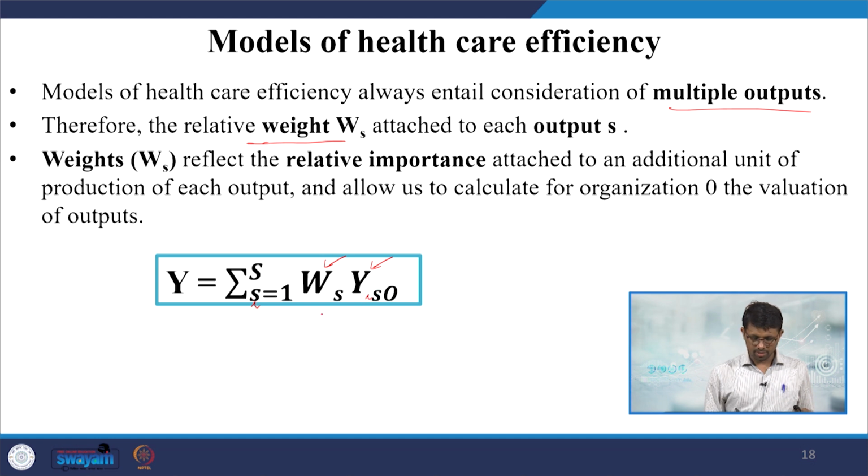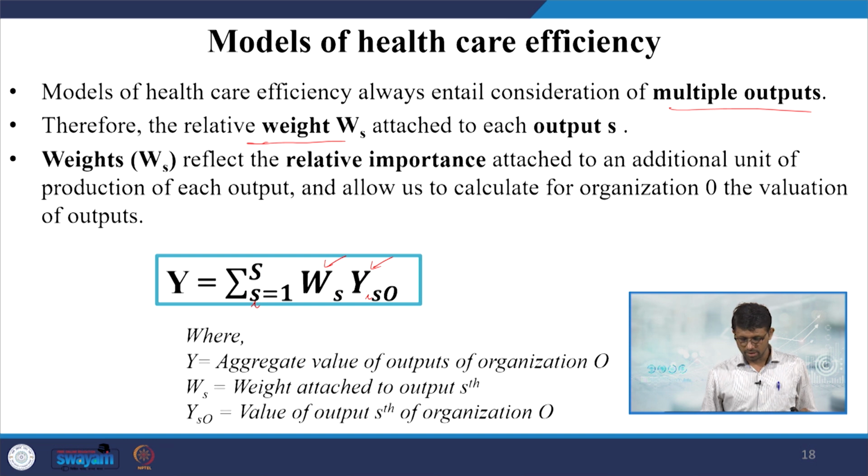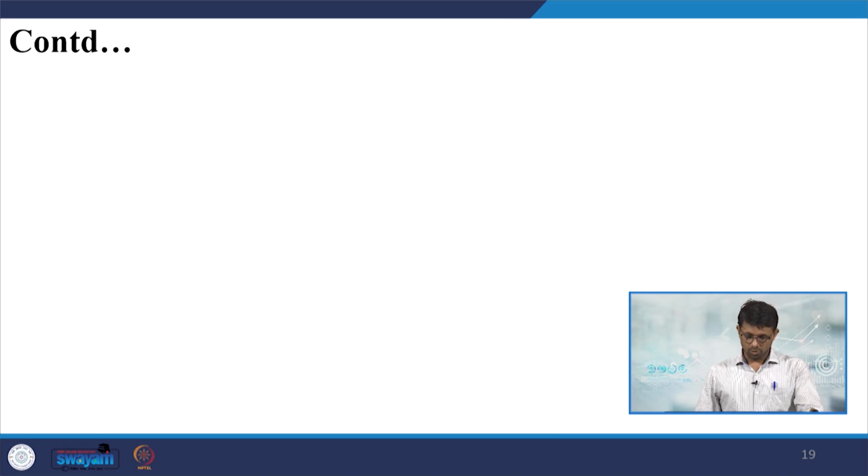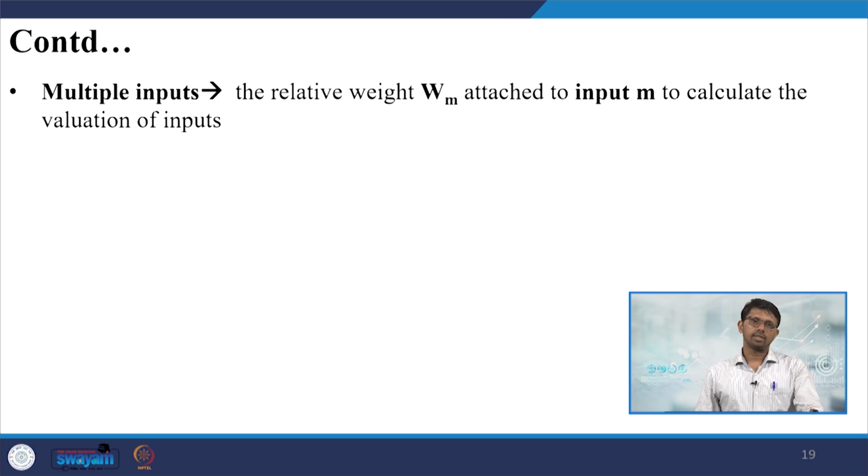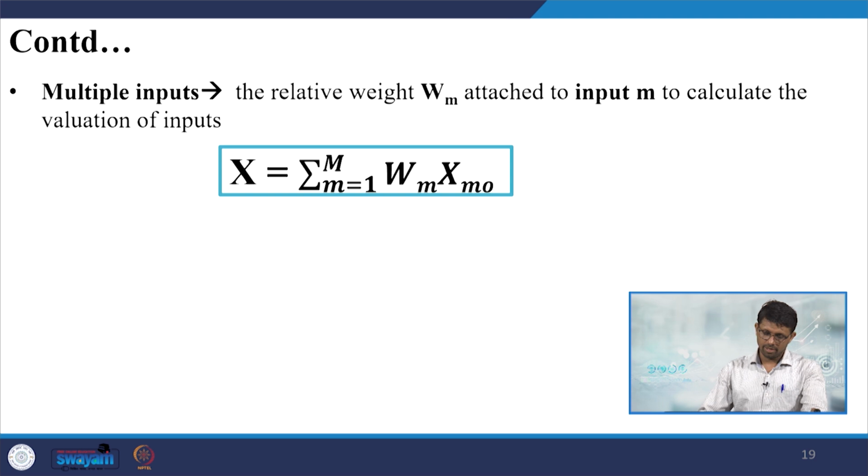I stands for the unit, if there are S number of units, you can go through accordingly, and O stands for the organization, and hence we can calculate a single variable that will represent the output. There are multiple inputs as well, and similarly we have to carry their individual relative weights.